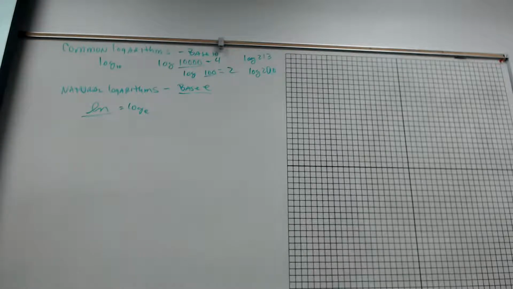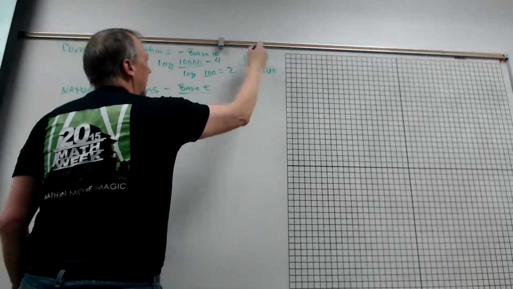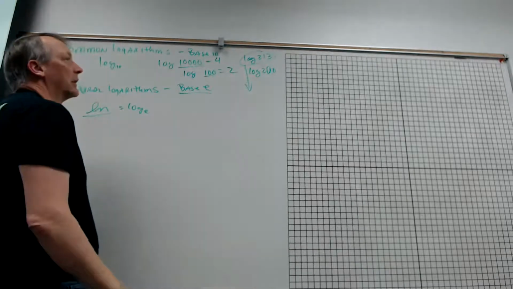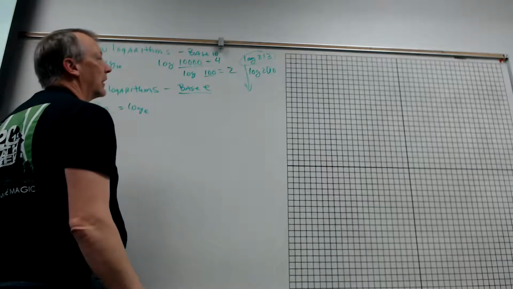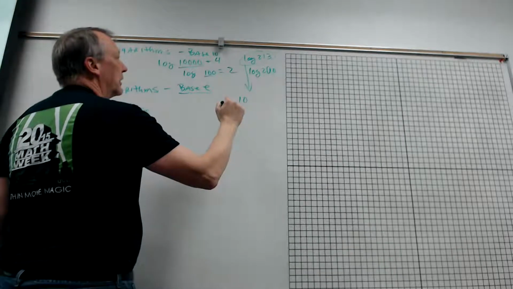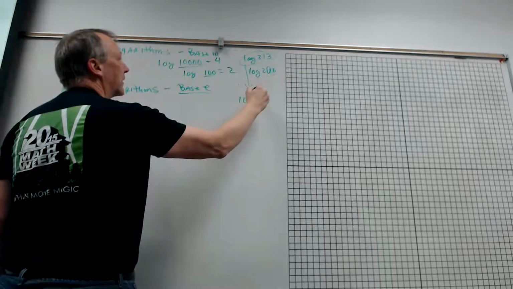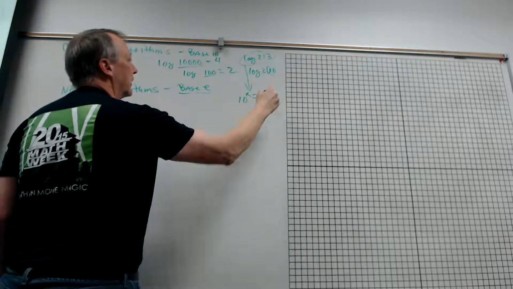If you had the log base 10 of 213, would you just turn it into an exponential equation? You could. It would be 10 to some power x equals 213.